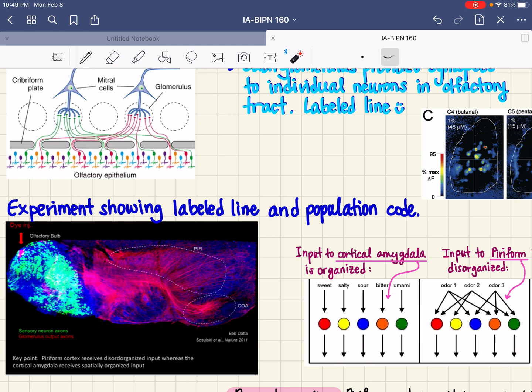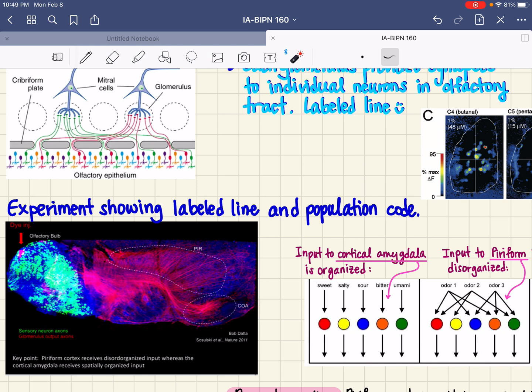When they looked into this, they saw that when the olfactory bulb projects to the piriform cortex, there is actually no organization to these projections. However, when the olfactory bulb projects to the cortical amygdala, there is a cluster of where these neurons end up. So they ended up saying that the piriform cortex is disorganized in the input that it is getting, whereas the cortical amygdala is very organized.